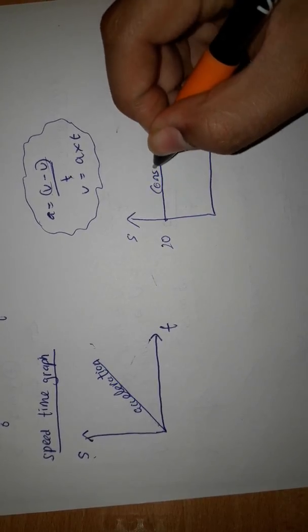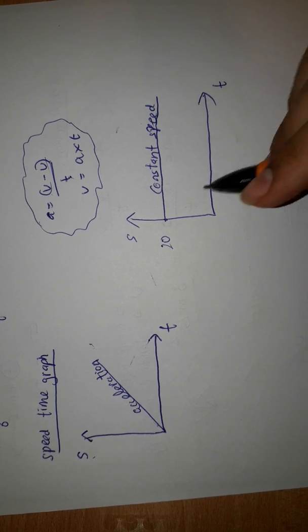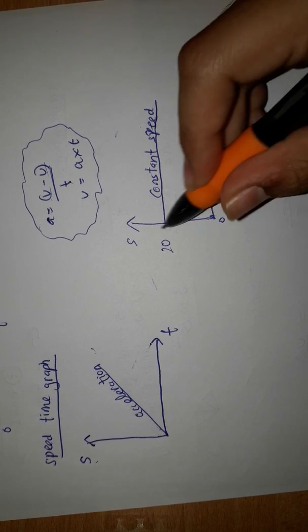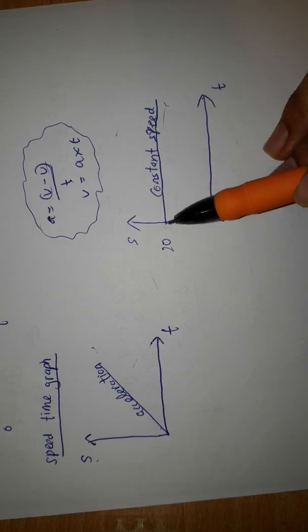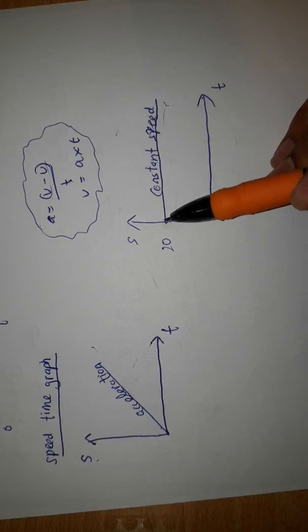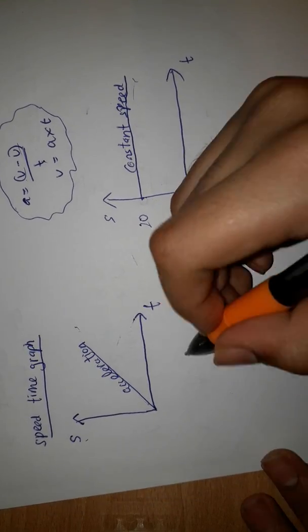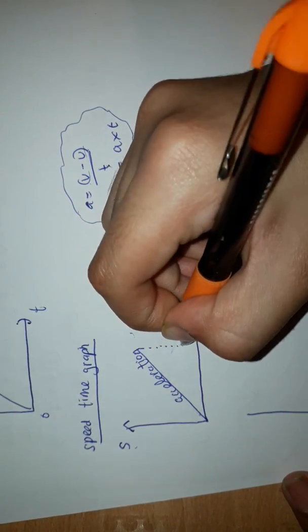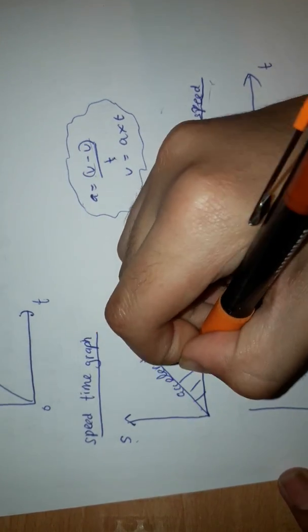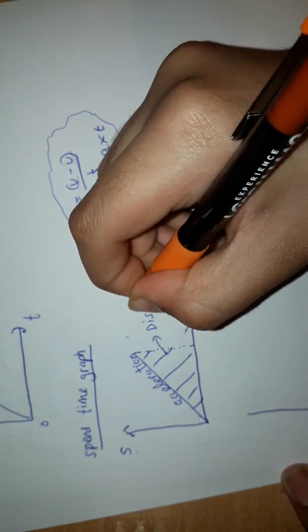This means constant speed, because as time is increasing, the speed is not changing. It's just remaining the same. So the object has a constant speed. And you must know that in a speed time graph, the area under the graph is equal to your distance.